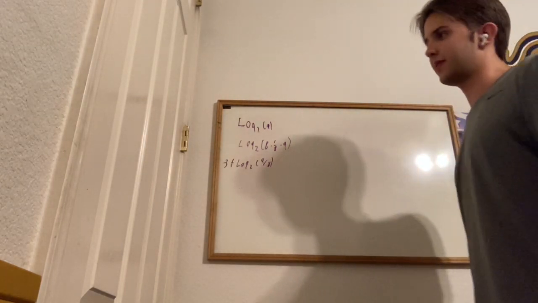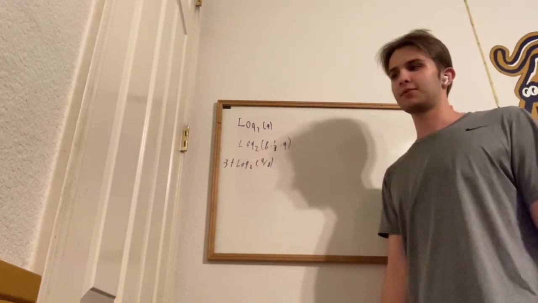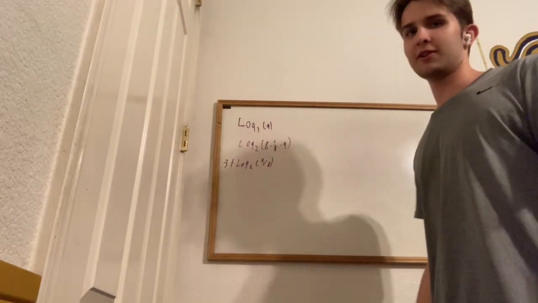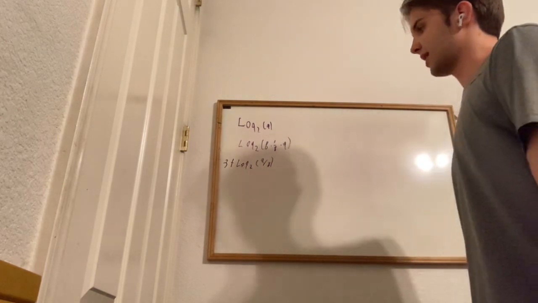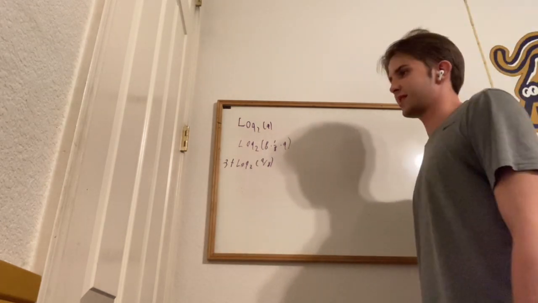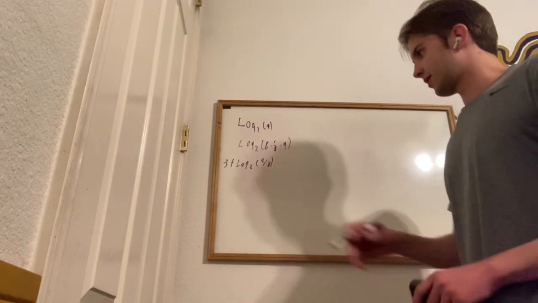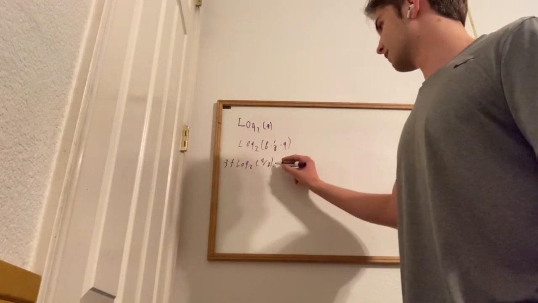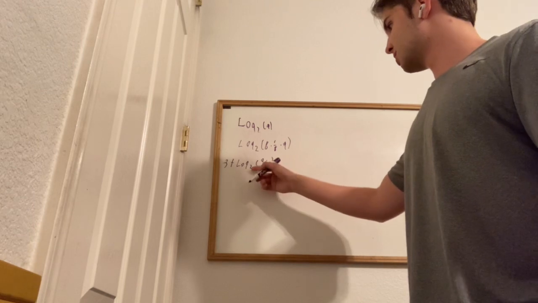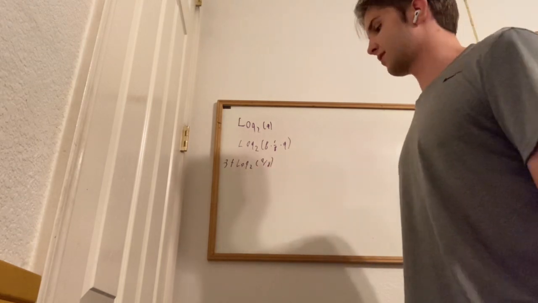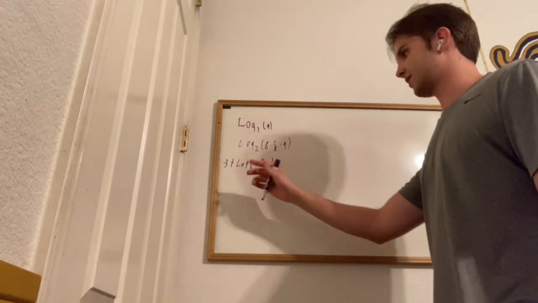Now, I could end the video here. You could stop watching. I'm just going to keep going for a bit just to demonstrate that you could keep doing this over and over again to approximate it better. So we got 3 plus log base 2 of 9 over 8. 2 isn't going to divide into 9 over 8 because it's bigger, so we're going to have to flip it.